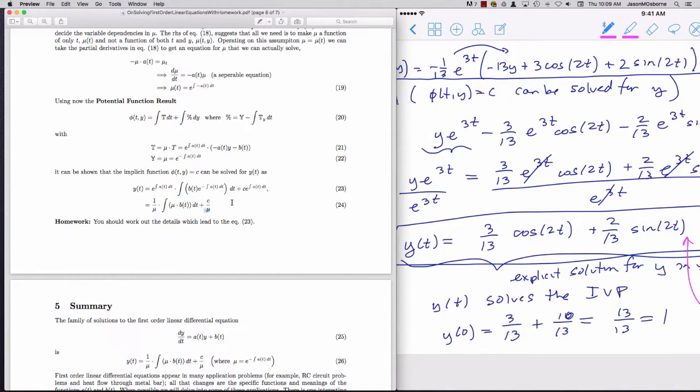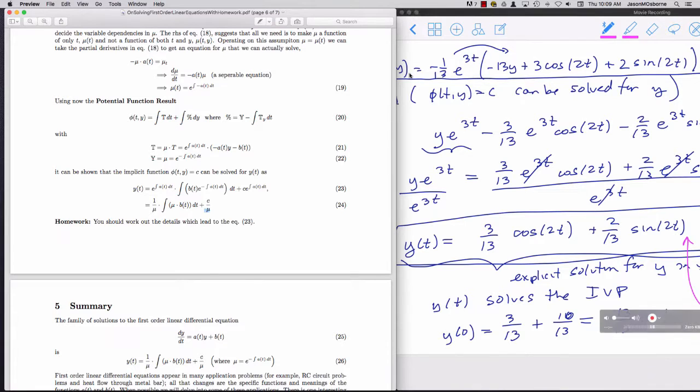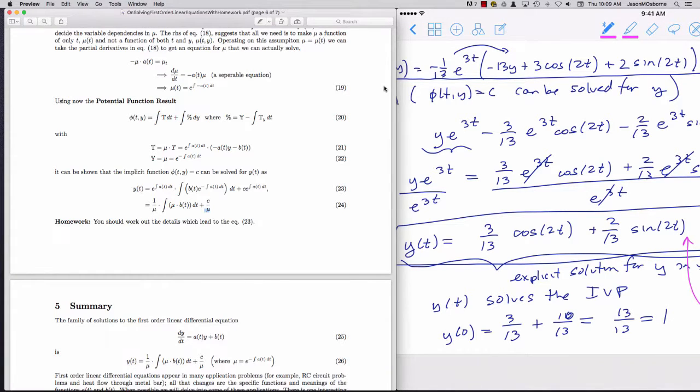Okay? So that is, I hope, a complete solution to this first order linear differential equation without minus sign errors. I know we had some trouble in class with the minus sign, so this should fix any of those kind of questions I hope that you have.